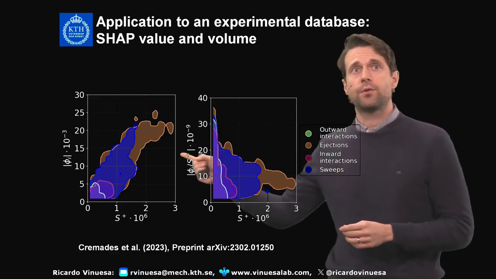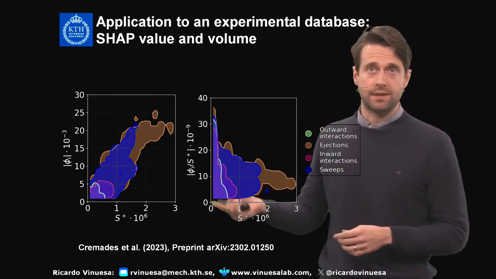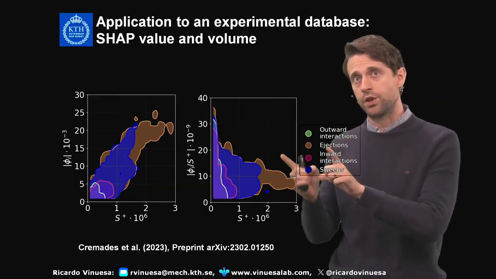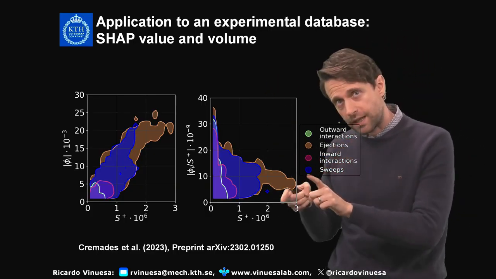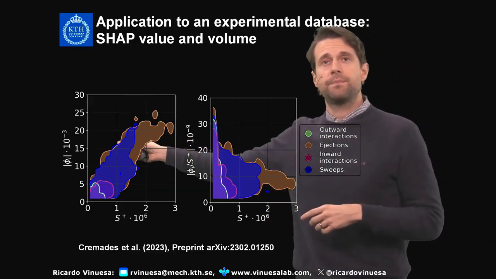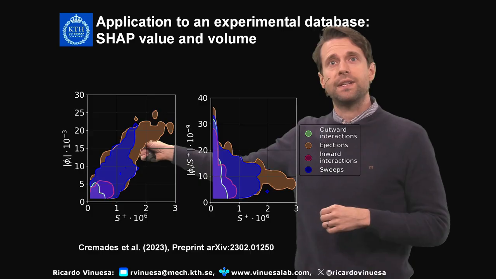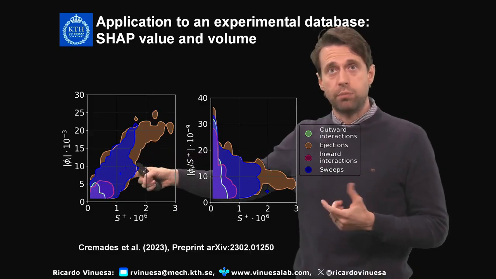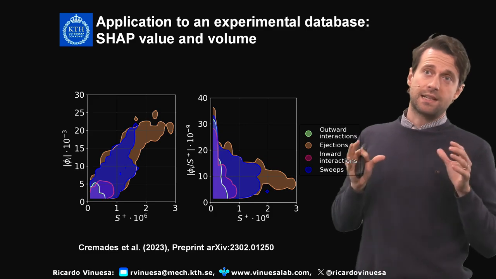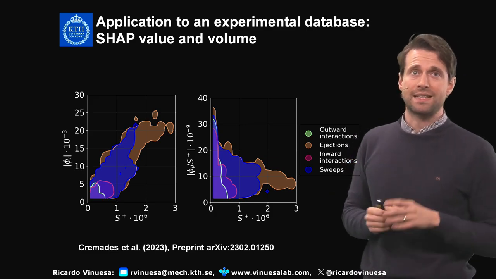Okay, and of course these are joint PDFs. So these joint PDFs are going to represent the joint probability distribution function of the importance and the size of the structure, basically. So over here, what we have is a good correlation between the importance score and the SHAP value and the size of the structure, which is exactly the result that we found also in the DNS.